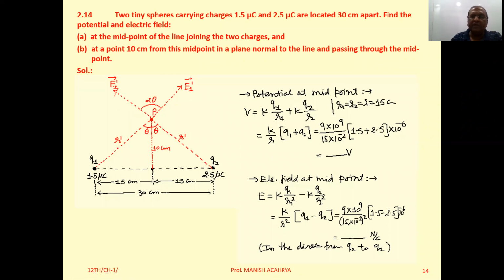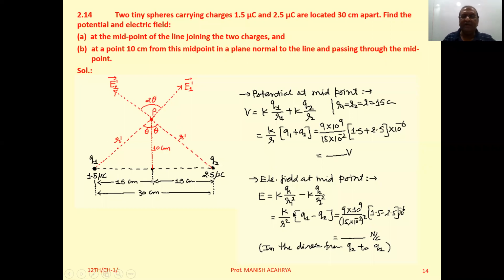So we can give the equation for the net electric field: kQ1 upon R1 square minus kQ2 upon R2 square. Due to opposite directions, the difference is taken. Now R1, R2 are the same, that is R. So take it common, we can write k upon R square into bracket (Q1 minus Q2).